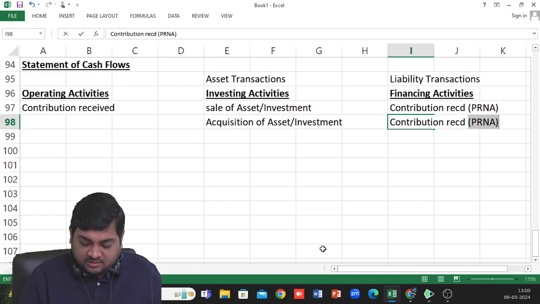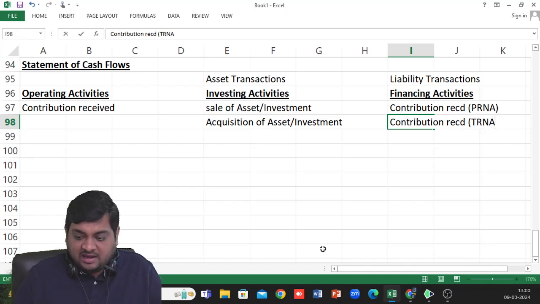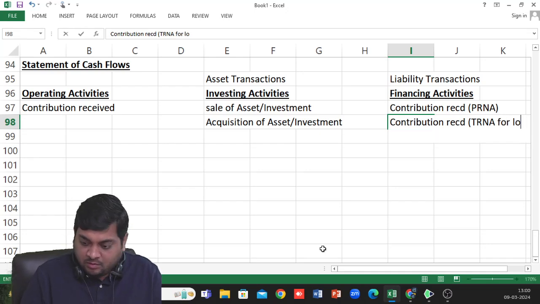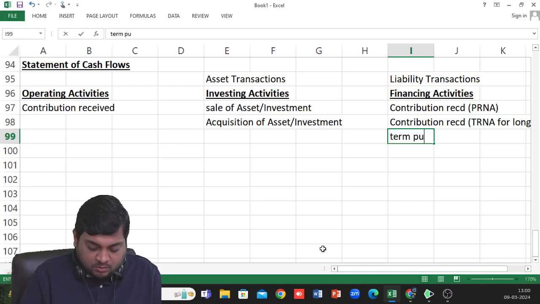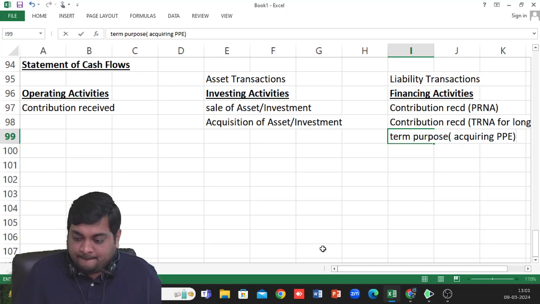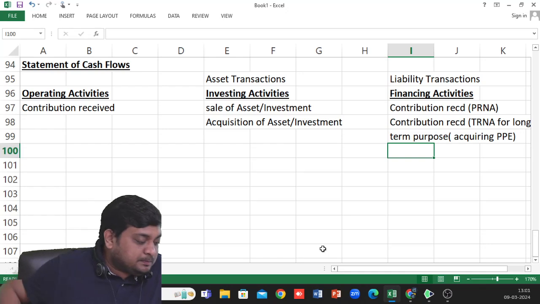Contribution received that is TRNA for a long term purpose, like acquiring PPE.